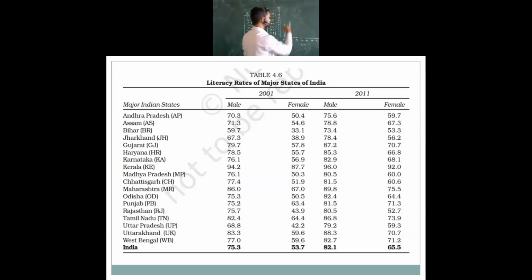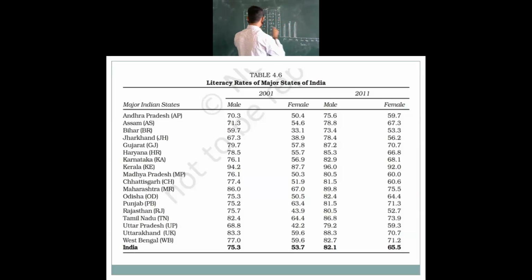As usual you can draw the diagram in this way. See, in graph paper it becomes very easy. I am drawing this diagram as a rough. Then Andhra Pradesh is 51, 50% means here I will take this information. Then 59, 60 means it will be coming here.